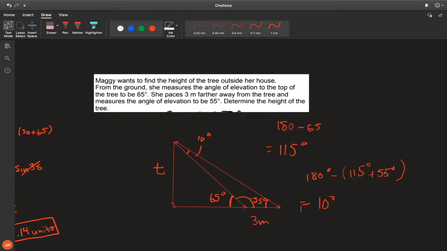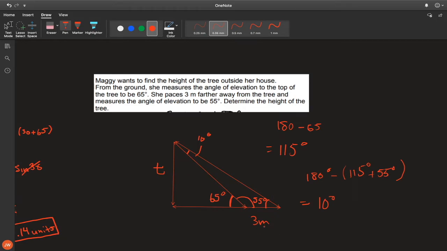Now, we're going to be looking for the hypotenuse. We want to find the hypotenuse of this triangle here. So, how are we going to do that? Well, let's see here.